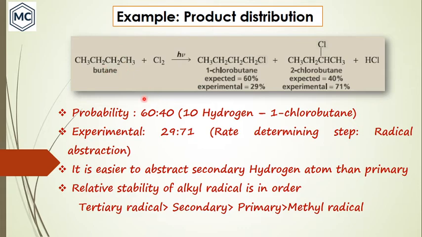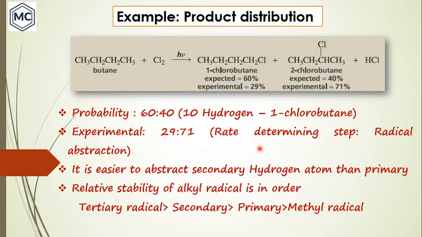So the probability of formation of radicals is in this ratio. There are 6 primary hydrogen atoms and 4 secondary hydrogen atoms. But experimental evidence clearly tells us it is something different. So what is the reason for that?